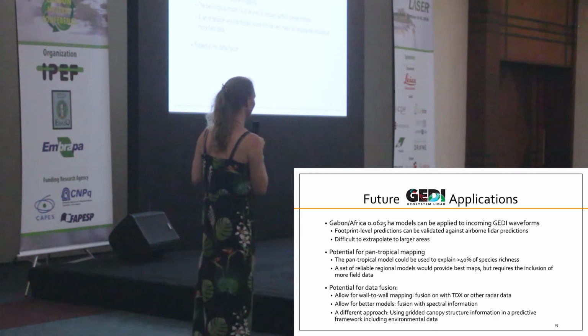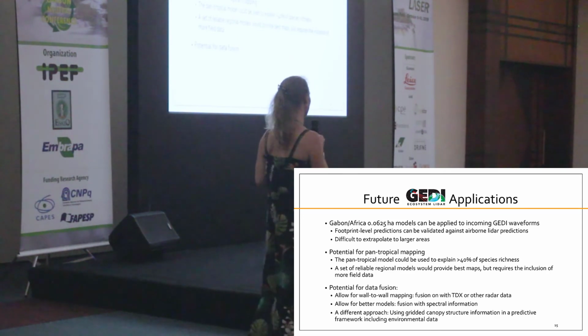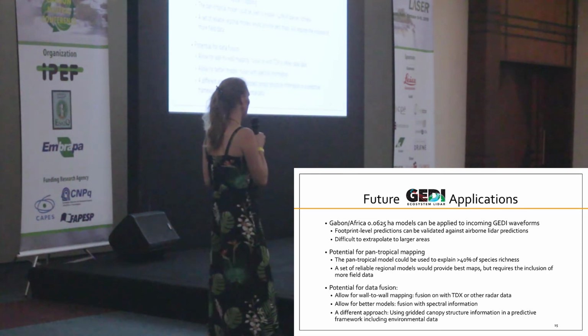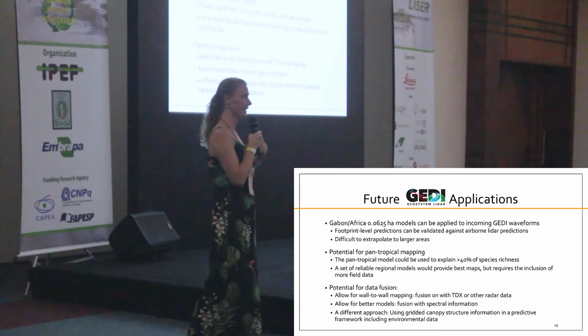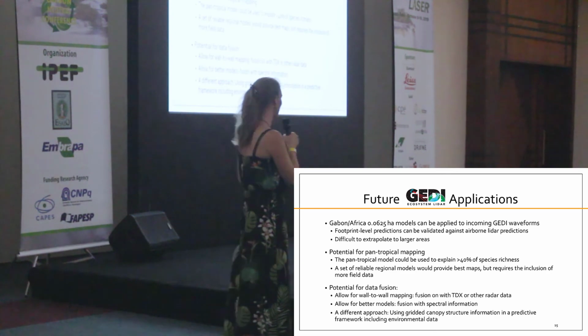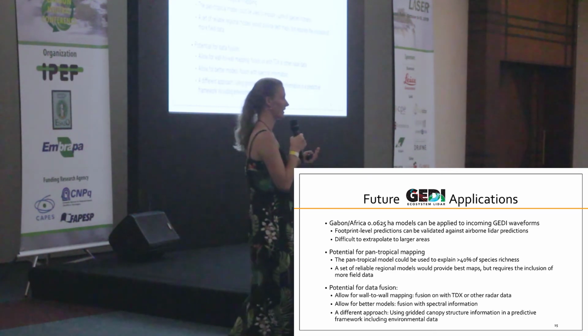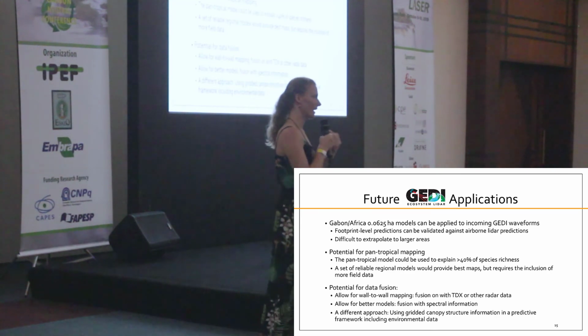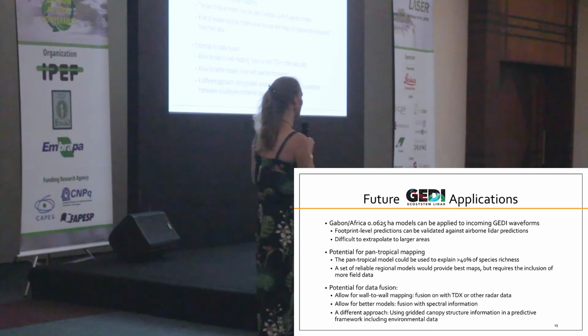And then, ideally, I guess the best way to go would be to use data fusion. Data fusion could allow for wall-to-wall mapping by fusing it with, let's say, TanDEM-X or other radar data that gives you a wall-to-wall structure map that you could apply your models on. Or you could fuse it with spectral information, hoping that the spectral data will explain a different portion of the variation of your tree species diversity and improve the accuracy of the models.